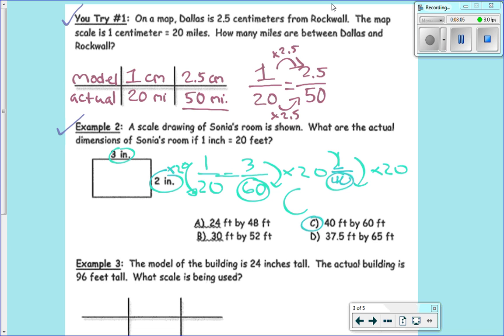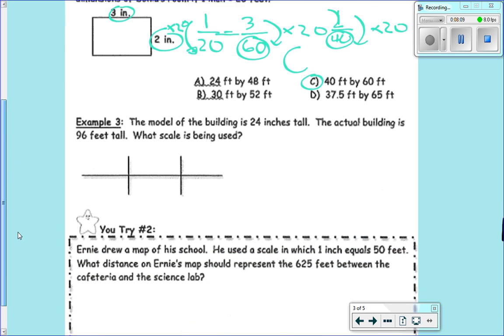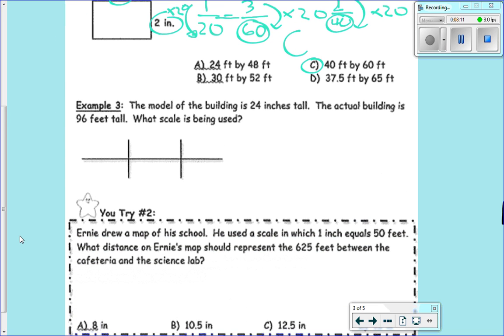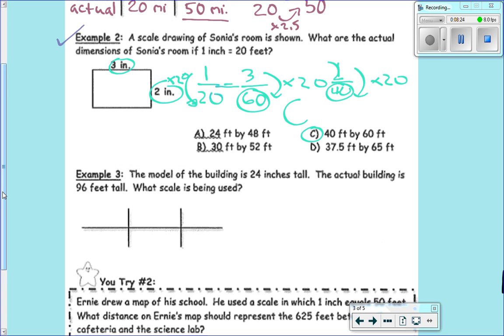1, 2, 3. Questions? Okay, so number 3, it says the model of a building is 24 inches tall. The actual building is 96 feet tall. What scale is being used? And so a format, so what would that look like if they're asking for scale?